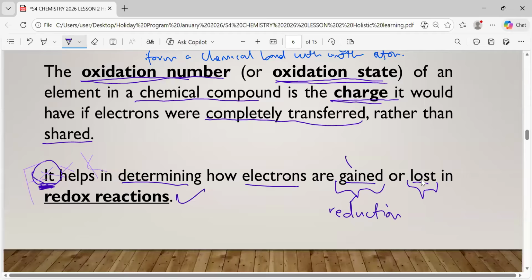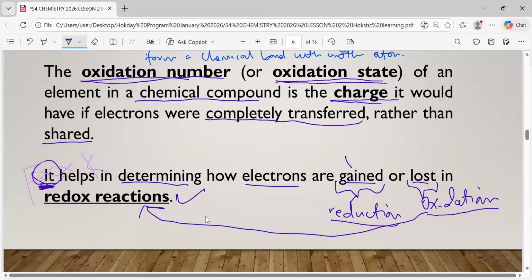And when electrons are lost, it is oxidation. And then finally, if a reaction consists of oxidation and reduction, then we call that reaction a redox reaction. So when we understand the oxidation number of different elements, it is going to help us to identify the reduction reaction and the oxidation reaction in a given reaction. At the end of it all, we can differentiate between a redox reaction and a non-redox reaction.